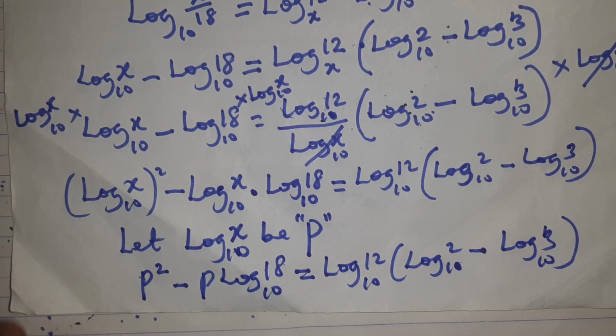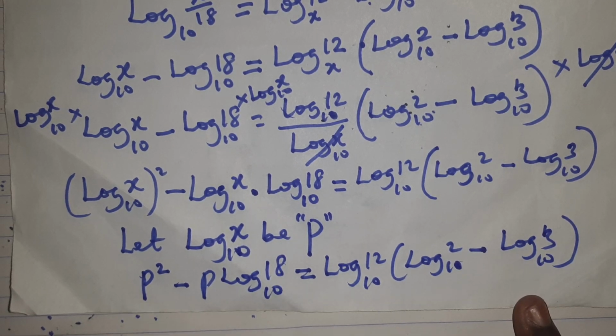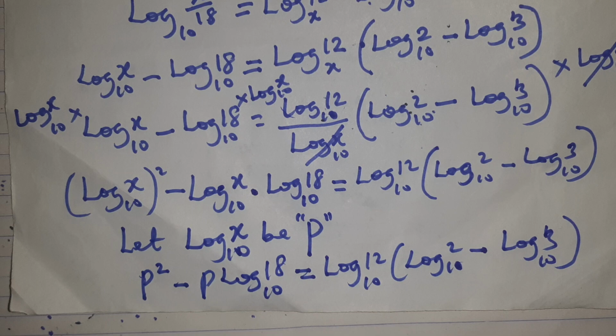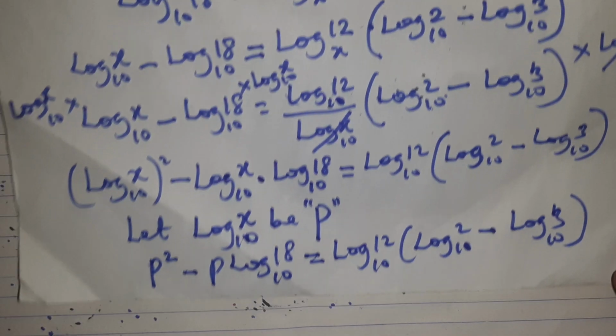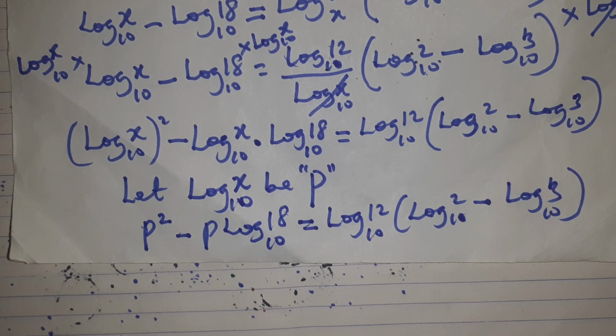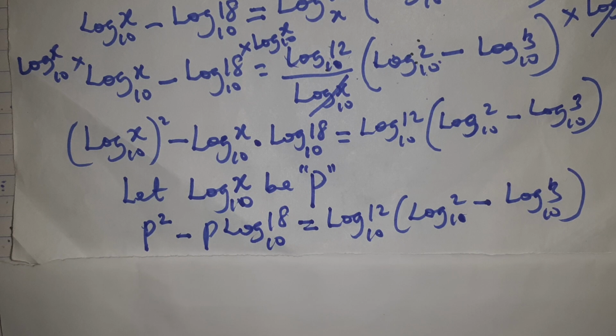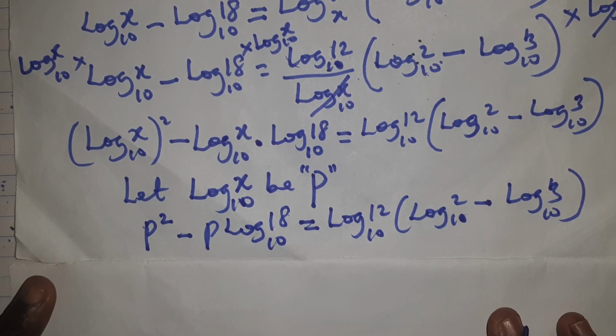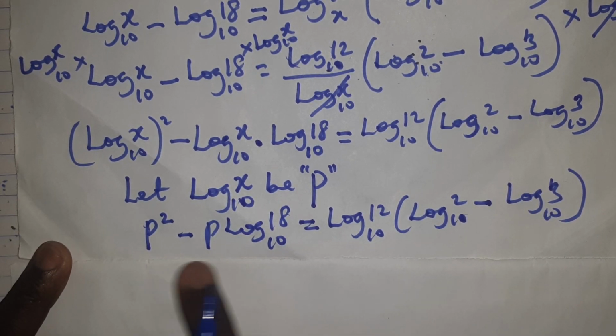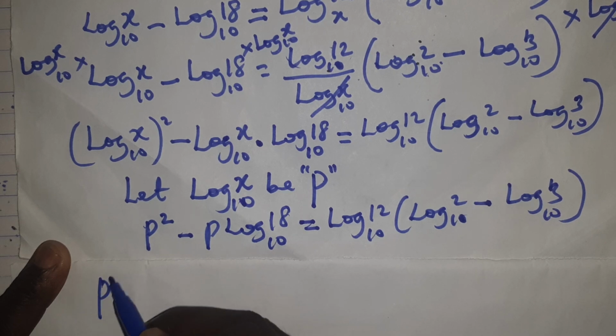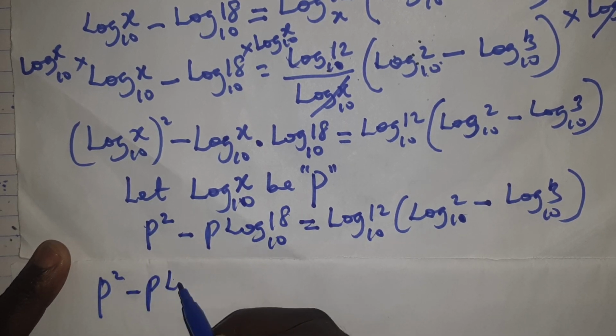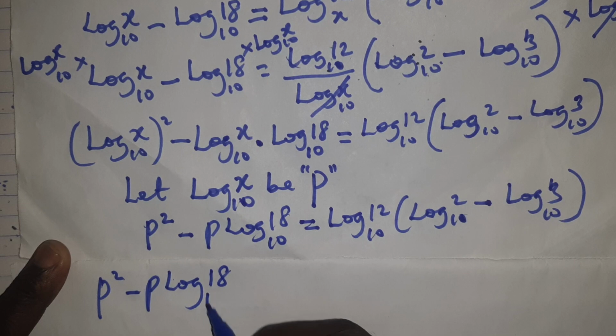And then if you are very observant, this has led to a quadratic equation. So I'm taking every term to the left so that the 0 will be at the right hand side, just like a standard quadratic equation. So we now have, bringing everything to the left, p squared minus p log 18 base 10.